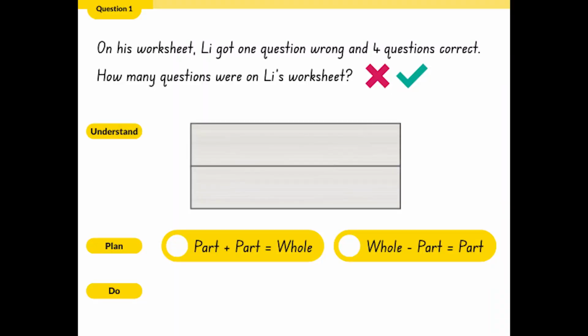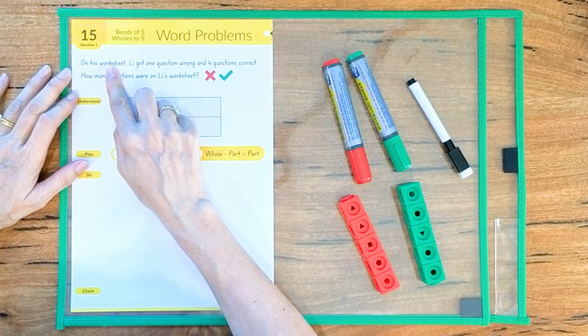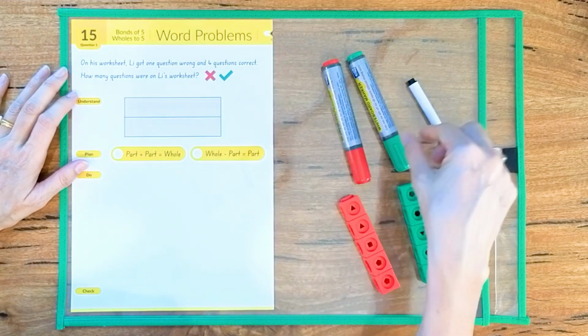Question 1. On his worksheet, Lee got 1 question wrong and 4 questions correct. How many questions were on Lee's worksheet? On his worksheet, Lee got 1 question wrong.